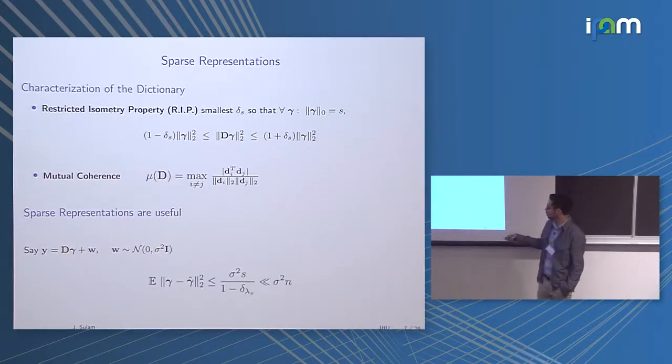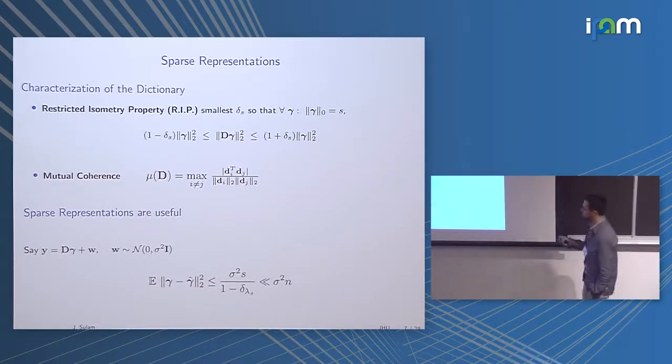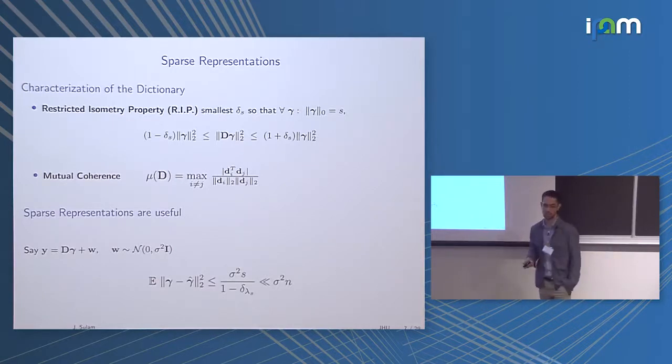Well, if you are to retrieve gamma, and this is an oracle estimator, but it serves the purpose of the example, this error in estimating gamma can be shown to be bounded by roughly sigma squared times the cardinality of your representation. And if this cardinality is much lower than n, which is the ambient dimension of your signal, then you have a very strong denoising effect. So this is roughly why you would like your signals to have some sort of sparse representation.